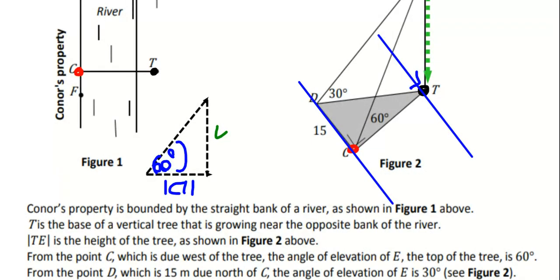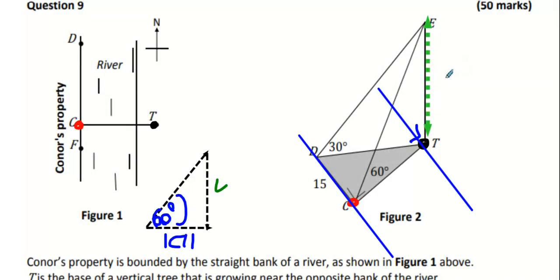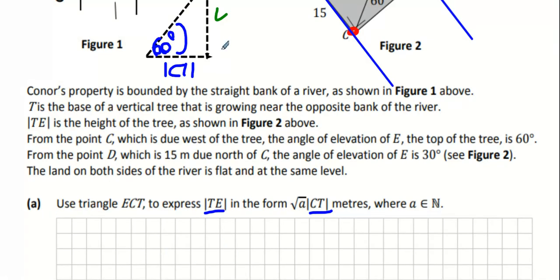Okay. Now, using this function, we're expressing TE. TE is L, so it wants L in terms of CT. Or, just for argument's sake, I'll just call it TE. TE is the opposite. CT is the adjacent. So we go for SOHCAHTOA, and the reason I'm using SOHCAHTOA is that it's a right angle triangle.